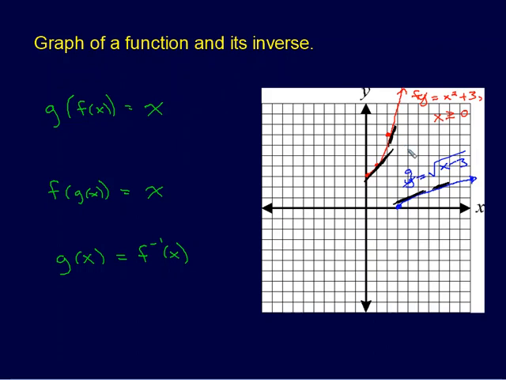In this case, I know the explicit formula for g of x, so I could just differentiate it and find the slope of all these points. But lots of functions have an inverse that is difficult to find algebraically, so I would want to know the relationship, or this theorem, that we're going to learn today, so I would not need to know the explicit formula for the inverse function.